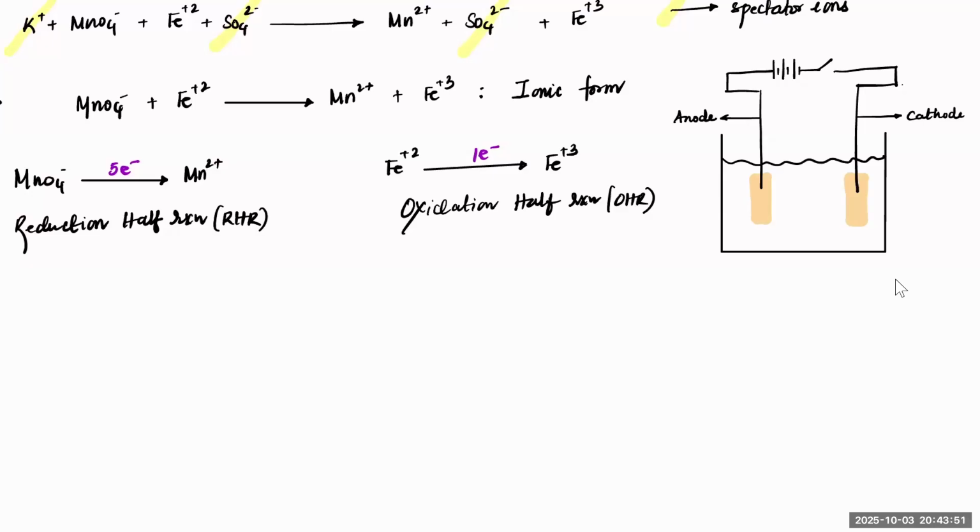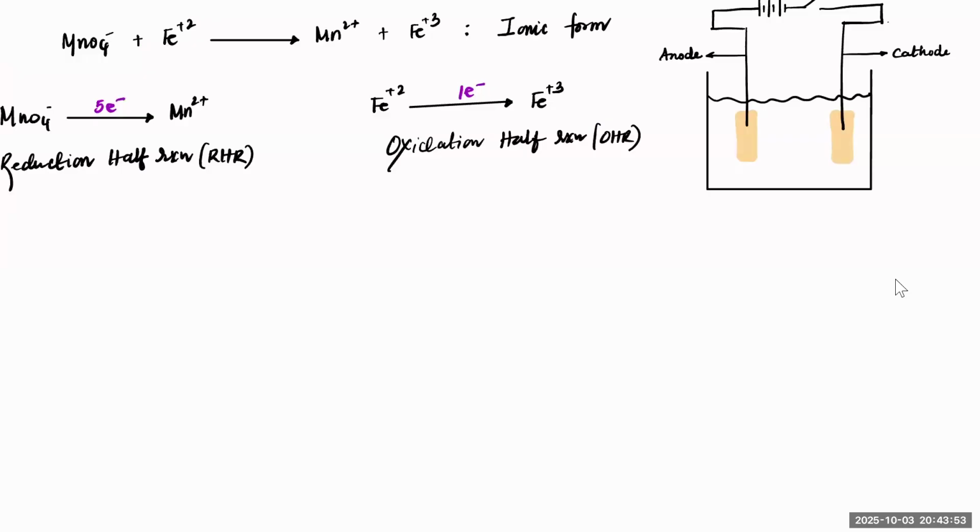Usually on the anode side, you will always notice oxidation takes place. On the cathode side, reduction takes place. Reduction reactions always happen on the cathode side, and oxidation reactions happen on the anode side.